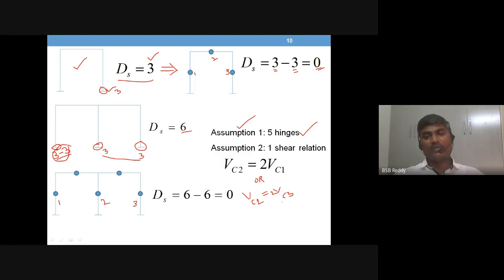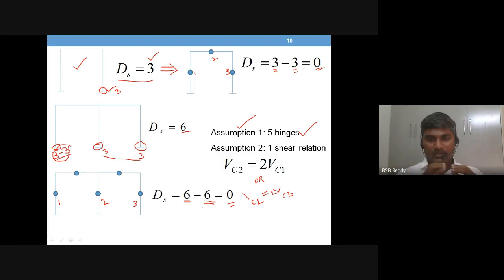Both are the same because shear in columns 1 and 3 are the same. So either this or this. So only one is possible. So that one shear relation we say. So 5 plus 1, total 6 extra equations for 6 excess unknowns. That is making the 2-bay single storied frame determinate.